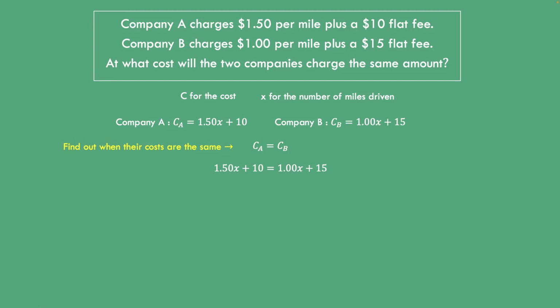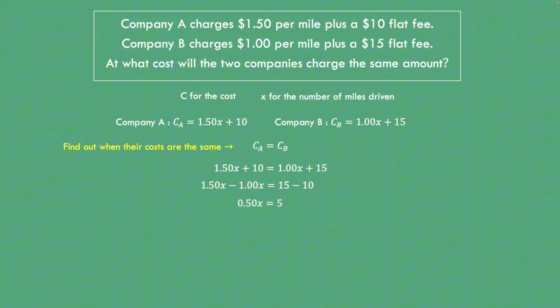Next, we solve for x. Let's get all the x terms on one side and the constant terms on the other. We subtract 1.0x from both sides, and then we subtract 10 from both sides. We have 1.50x minus 1.0x equals 15 minus 10.